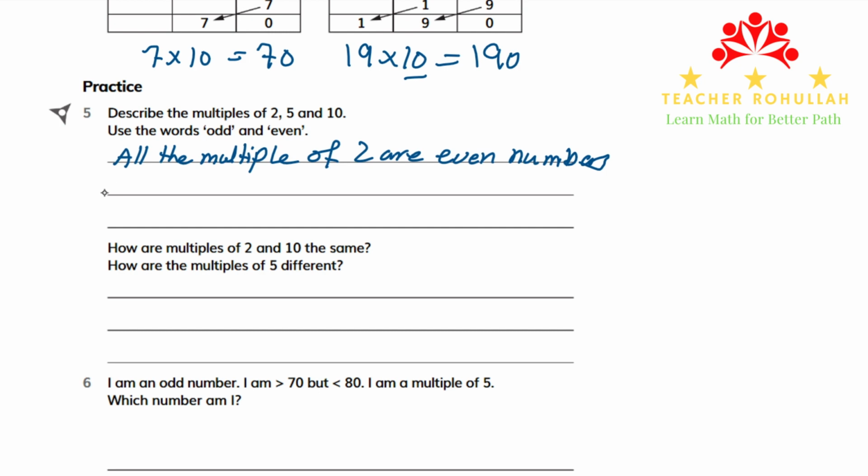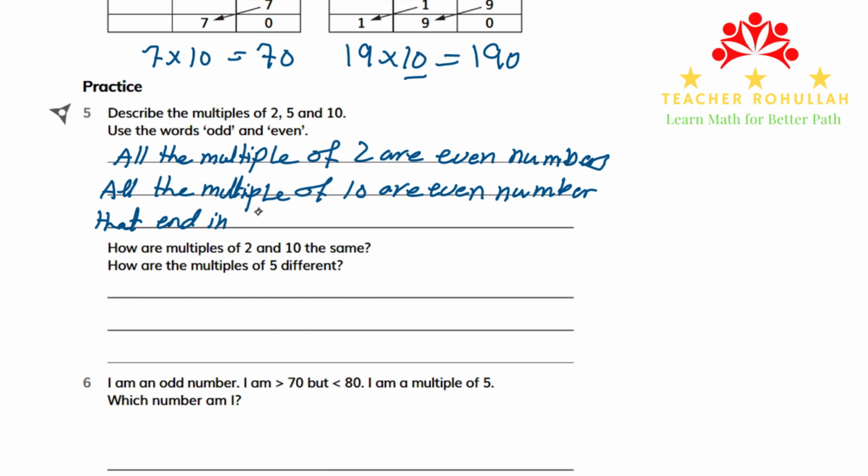And we can say all the multiples of 10 are even numbers that end in 0.